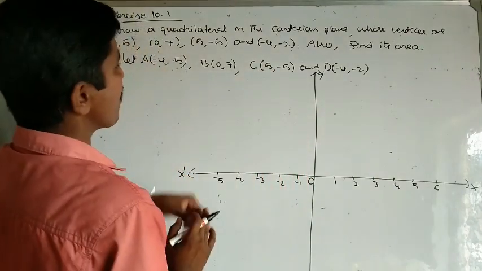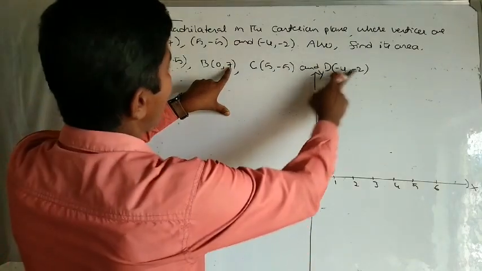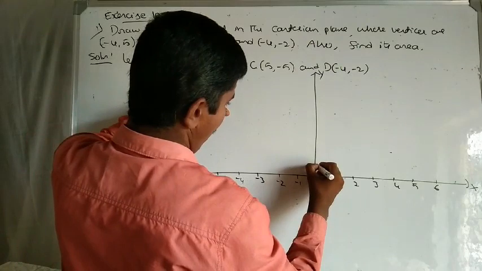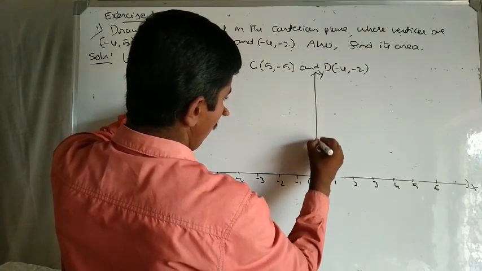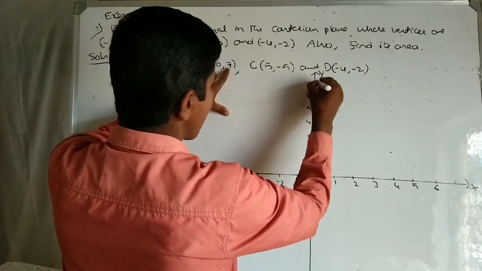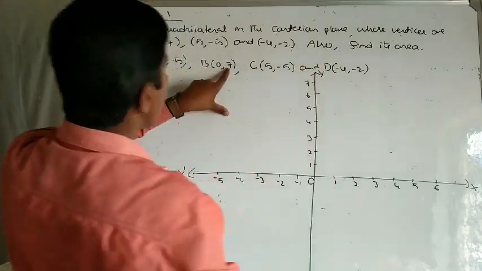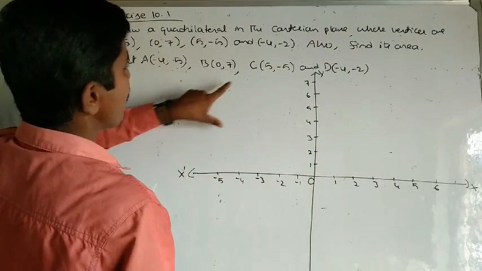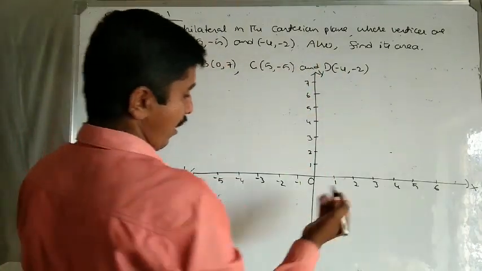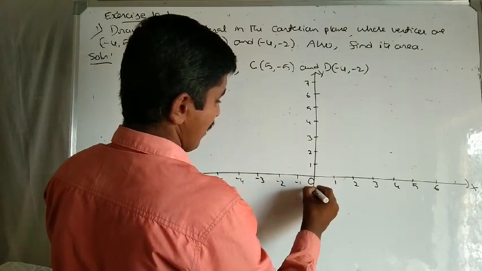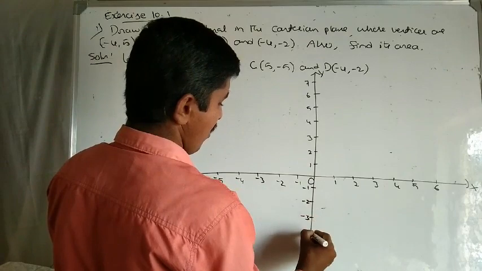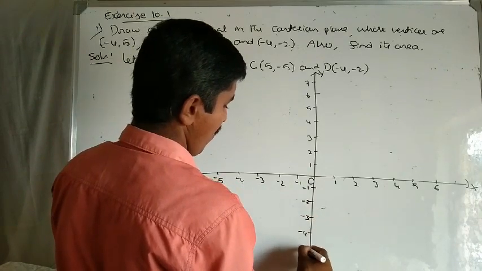On the positive y-axis, the greatest y coordinate value is 7. Take up to 7: 1, 2, 3, 4, 5, 6, 7. Next, along the negative y-axis, the least value is minus 5. Take up to minus 5 or minus 6: minus 1, minus 2, minus 3, minus 4, minus 5, minus 6.